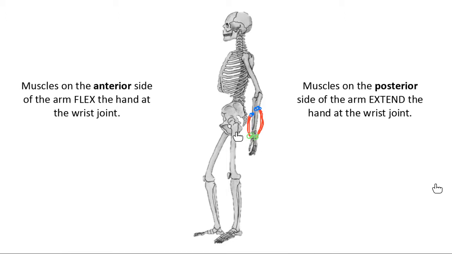When we put our hand back toward normal position, or when we bring it down closer to the forearm, that is flexion. So flexion forward, extension backwards when we're talking about the wrist. Also the same when we're talking about the radius and the ulna compared to the humerus. Flexion forward, extension backwards.